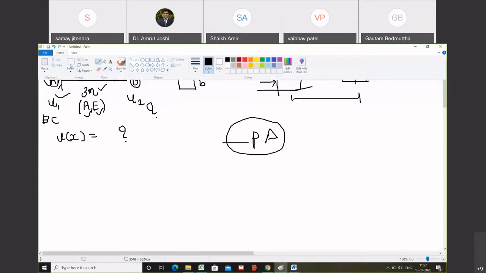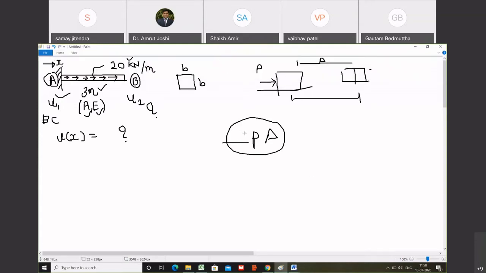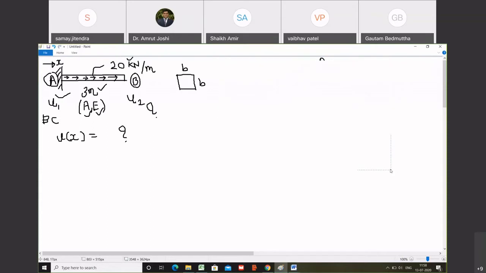Yes. Okay. So to write down the potential energy associated with the external force during the deformation of this member, I will have to find the deformation at each and every point and the load at each and every point. Then and only then can I write down the total potential energy. Do you agree with me? Yes.